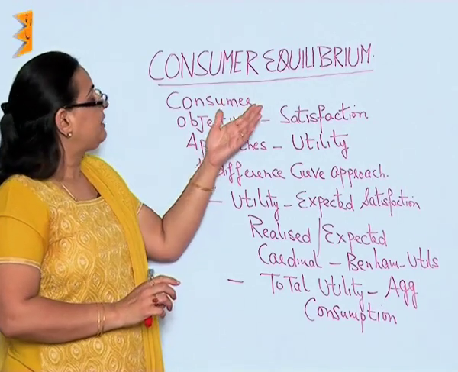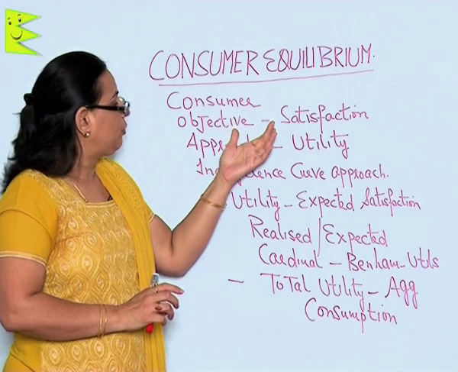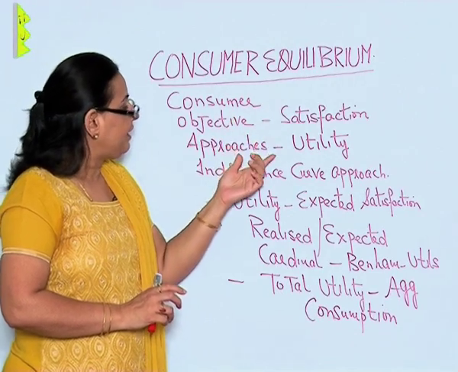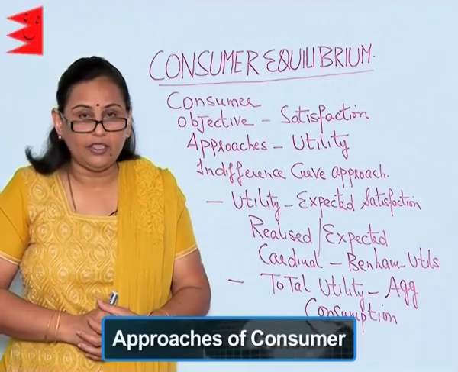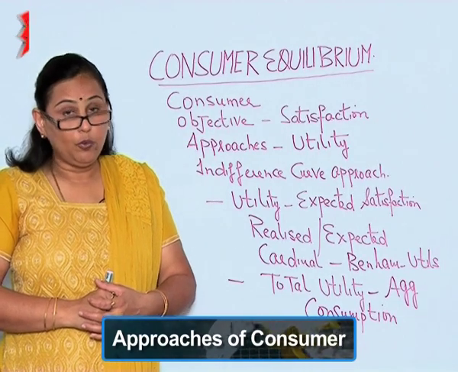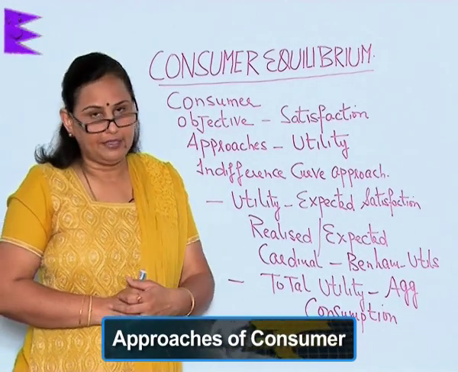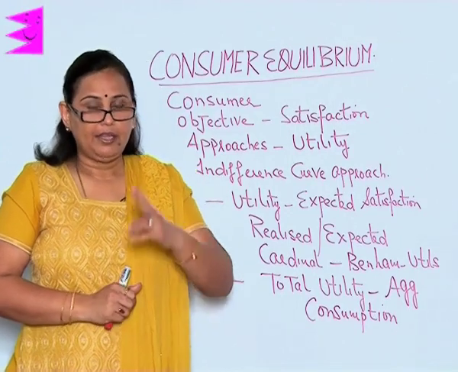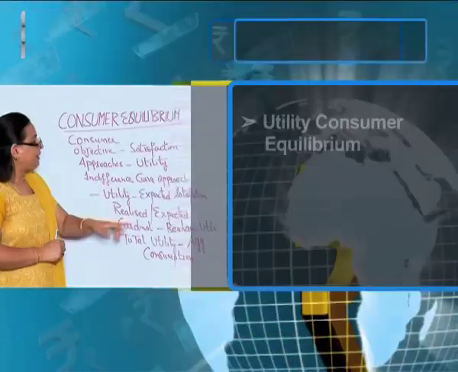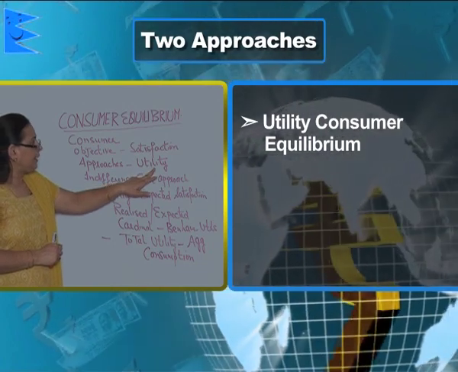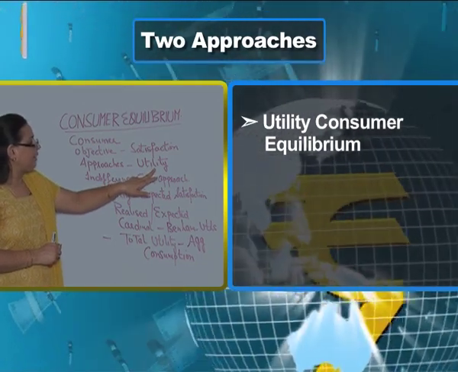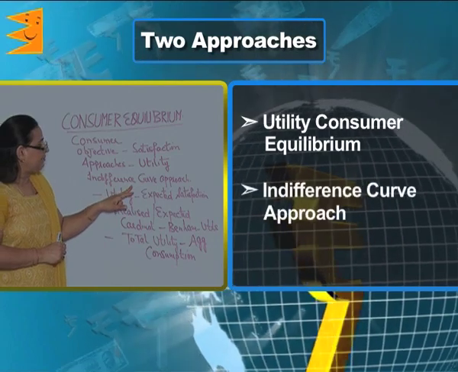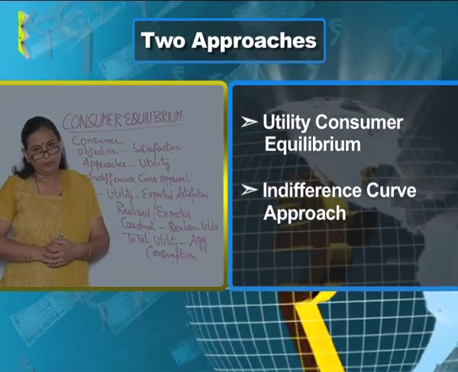Now, we have seen a consumer and his objective, but let's find out about the approaches of the consumer towards buying things. When I talk of approaches of the consumer, there are two approaches. One is the utility approach of consumer equilibrium and the second is the indifference curve approach.